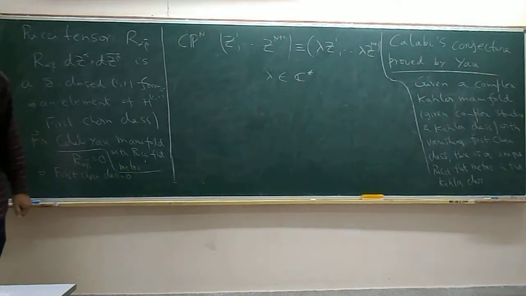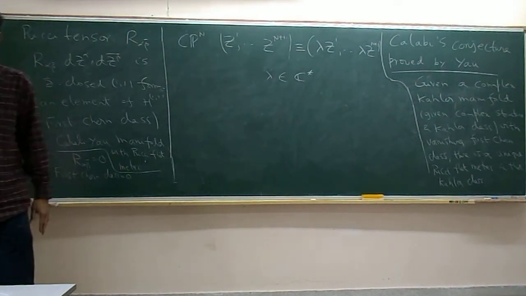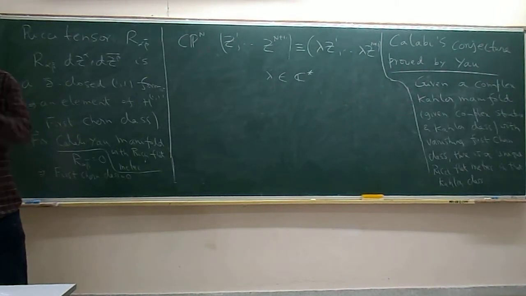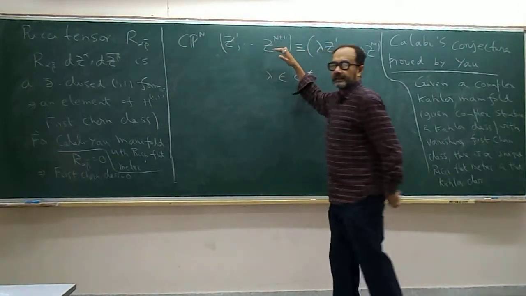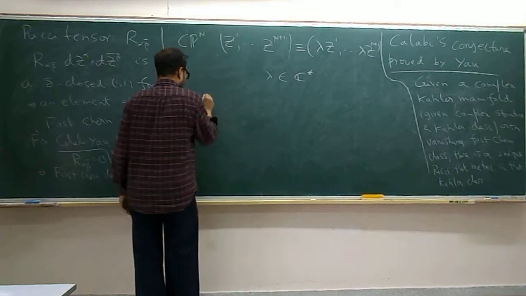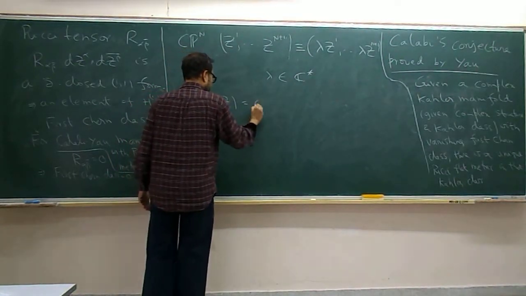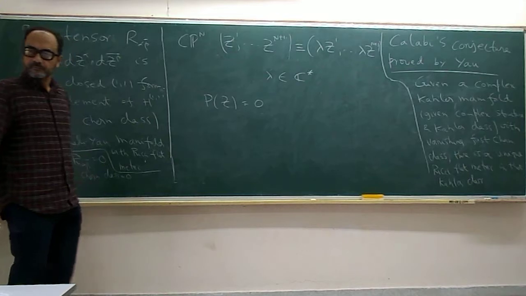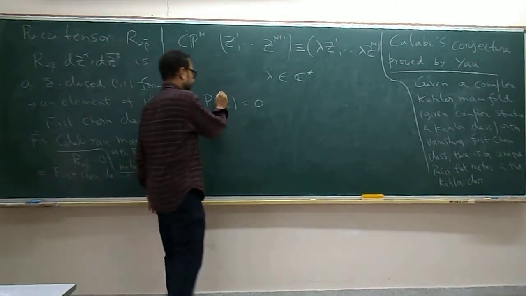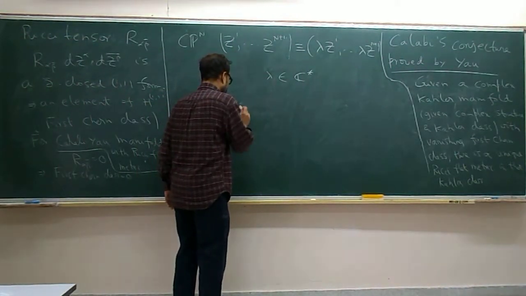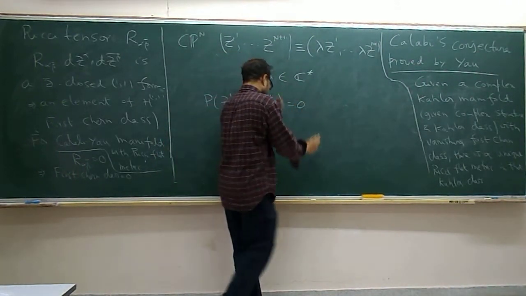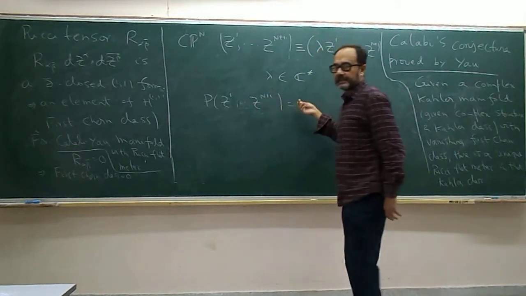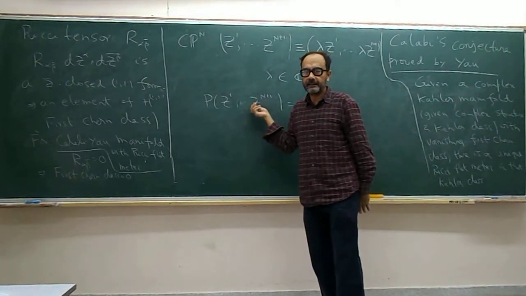Now suppose you want to construct a set of equations to form a subspace. If you use these homogeneous coordinates, then an equation like P(z1, ..., zn+1) = 0 makes sense only if this is a homogeneous polynomial.